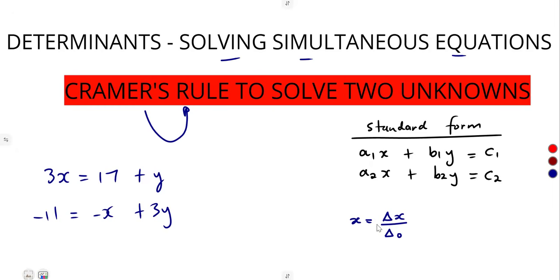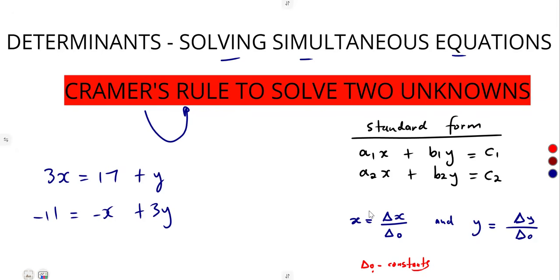That is the determinant with respect to x, and this one is for constants, where we've got delta naught. And y is equal to delta y over what? Delta naught for the constants. So if you are to determine x, you use the determinant with respect to x. If it is y that you need, you use the determinant for y.